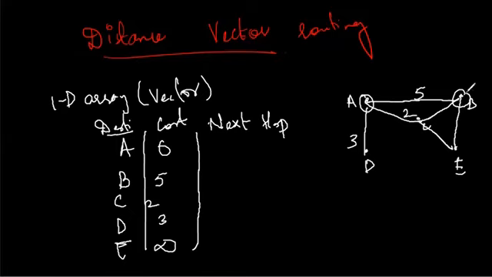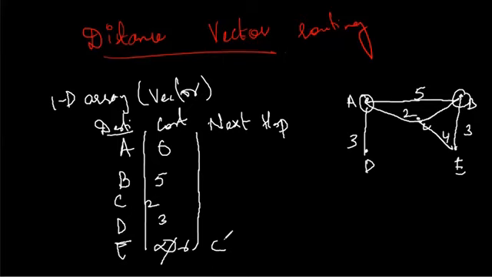Yes, there are two ways to reach E. One is B and the other is C. Now suppose C to E, the cost is given as 4, and C to B, we are using the cost 3. So it will see what is the minimum cost. Once it knows that the minimum cost from A to E is 6 by using C, it will update the table with the given values.